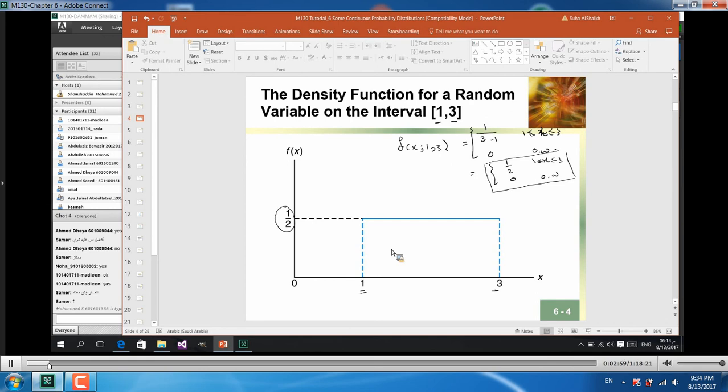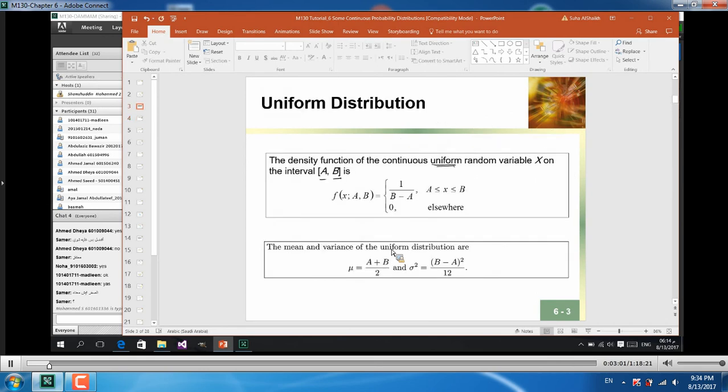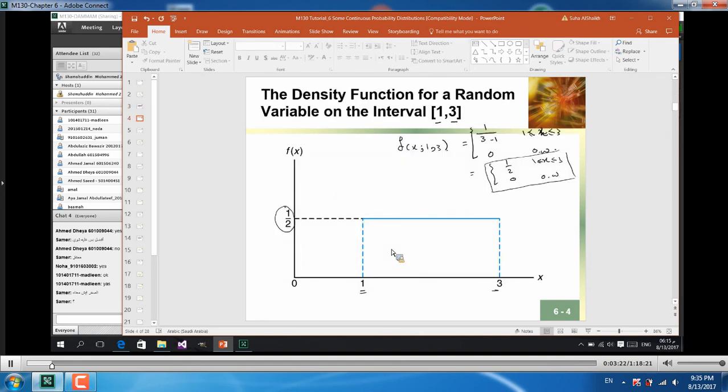Okay, so for the uniform distribution the mean is given by a plus b over 2, depending on what a and b are, and the sigma square, which is the variance, is b minus a squared over 12. So for my example here, if I ask you to find the mu, it is a plus b over 2.